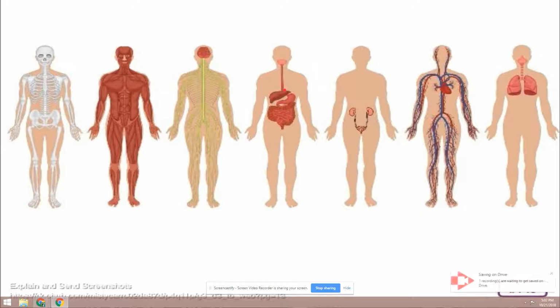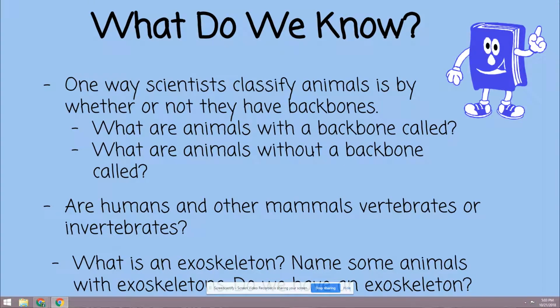So when we were talking about the animal kingdom, we learned one way that all animals were classified was whether or not they had a backbone. Can you remember what we called animals with a backbone? Okay, so remember those were called vertebrates, and animals without a backbone were called invertebrates.